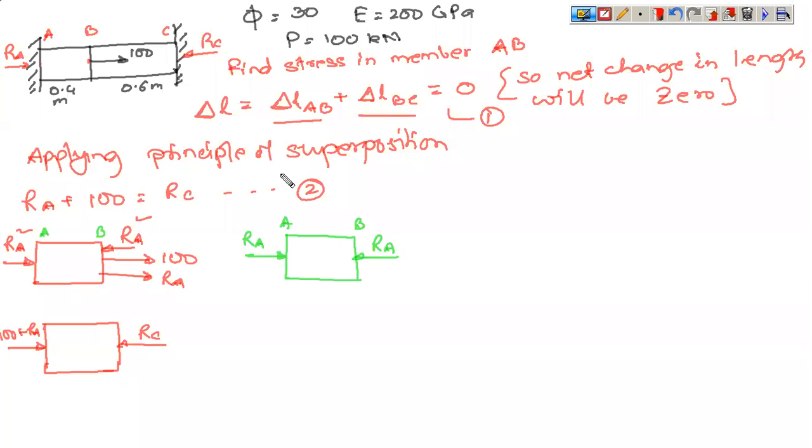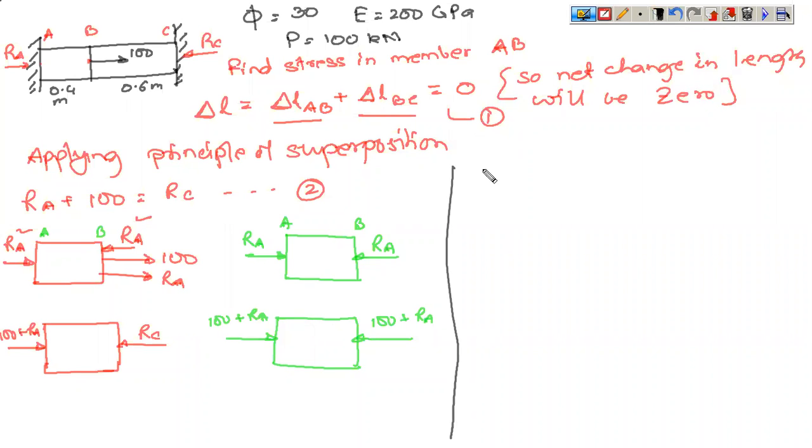If it gets automatically balanced, that does not mean that you are doing this problem correctly. It only means that you have balanced the loads properly. So this you can write as 100 plus RA, and on the other side, instead of writing RC, you write 100 plus RA.